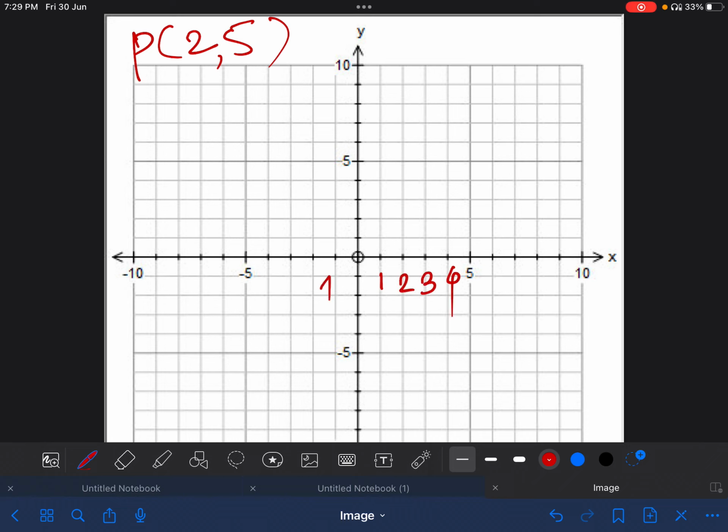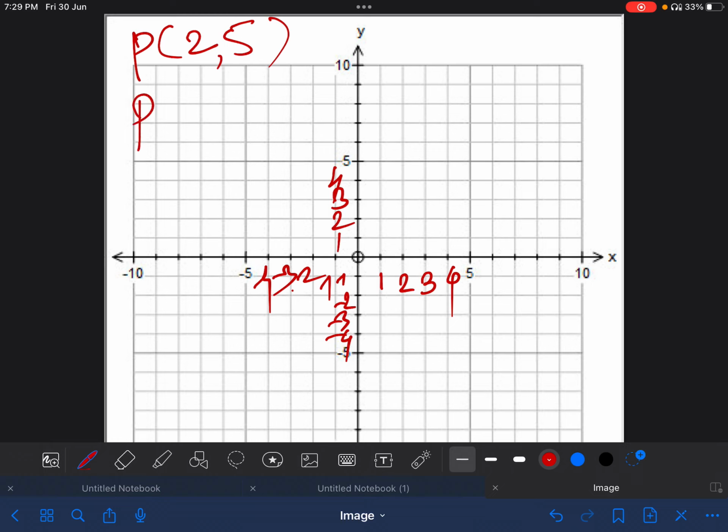So this is -1, -2, -3, -4, and -5, and +1, +2, +3, +4 is there. And now we have to plot a graph.